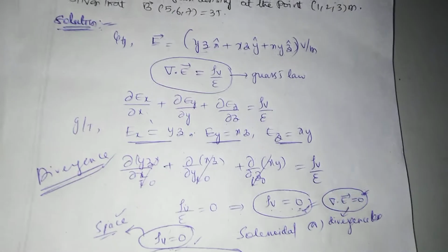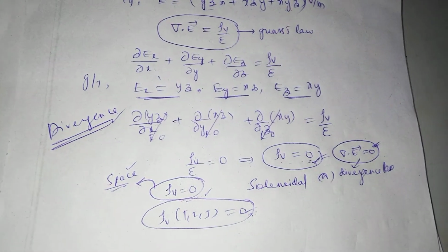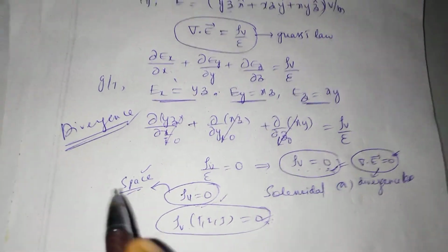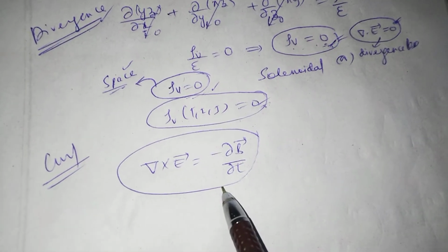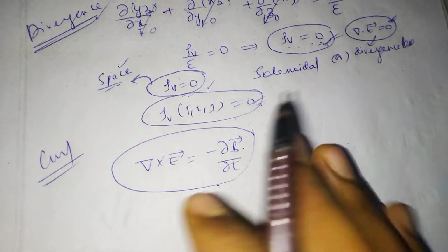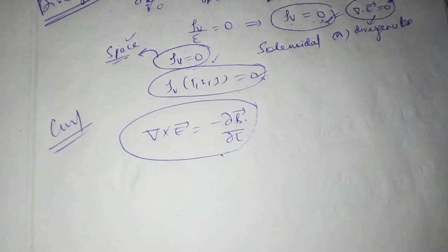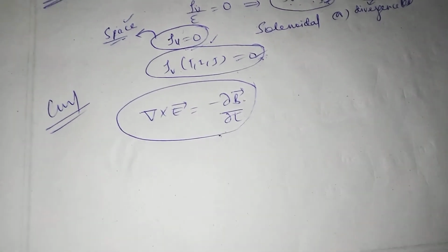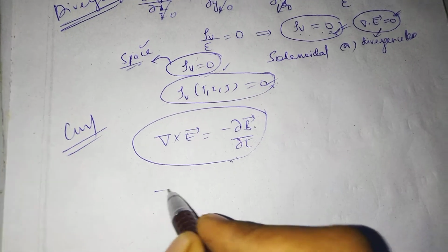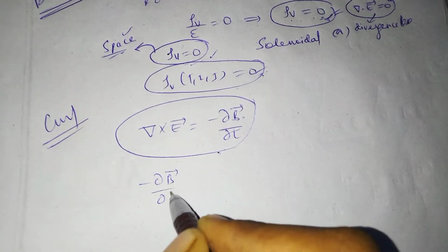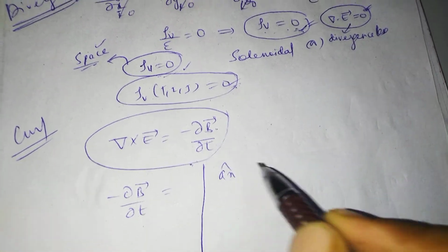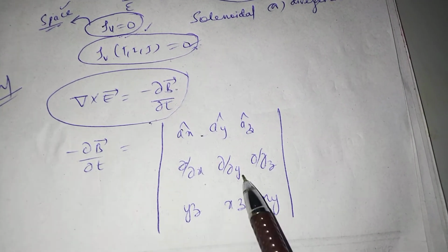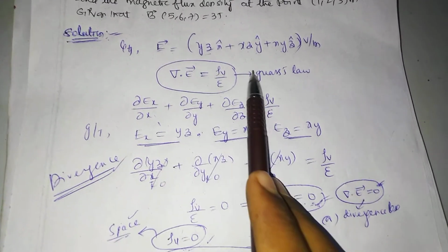Right? So we go for the curl. This is the curl related to the magnetic field. With the help of matrix form, we write the determinant, simply a determinant, with the directions and partial differentiation, and with the x direction what are they given? yz, xz, xy.